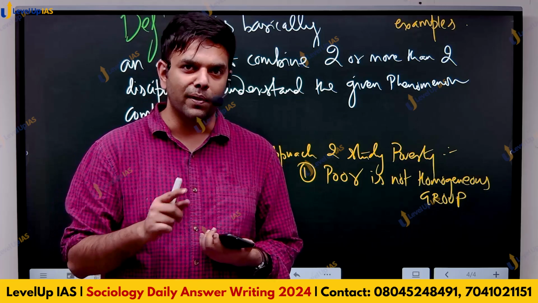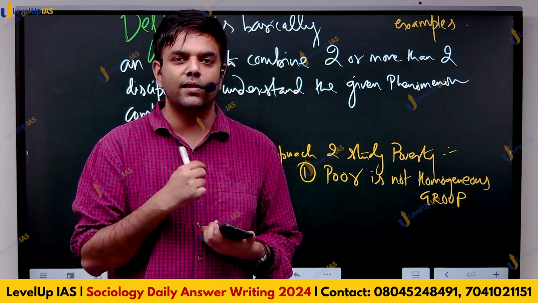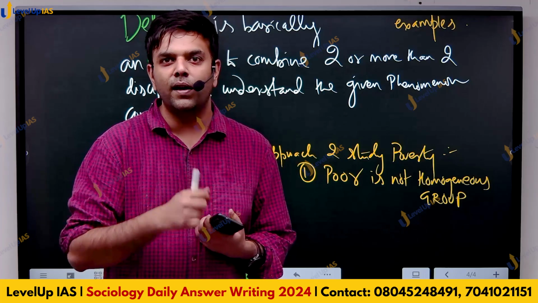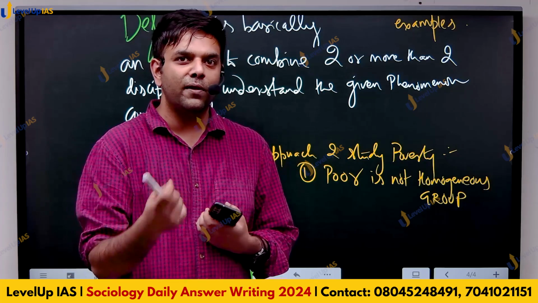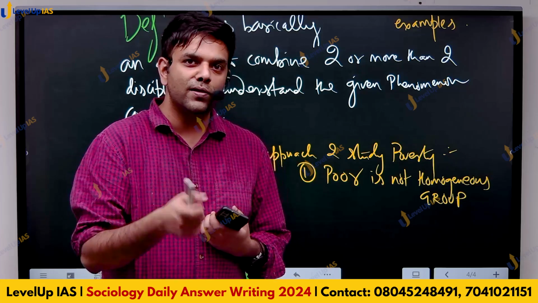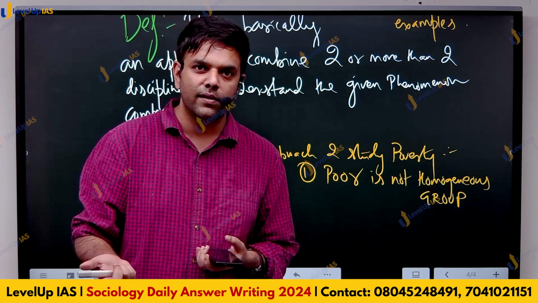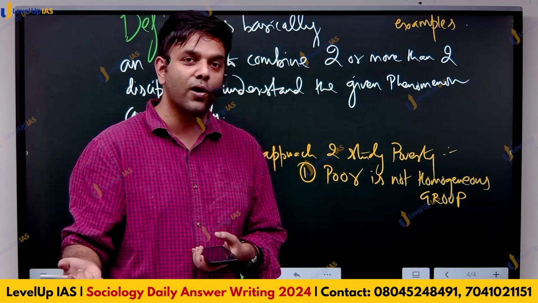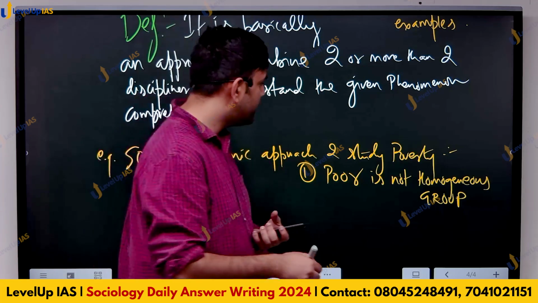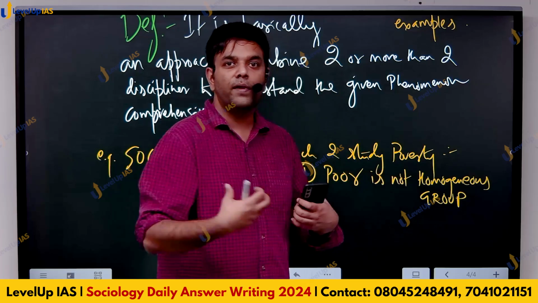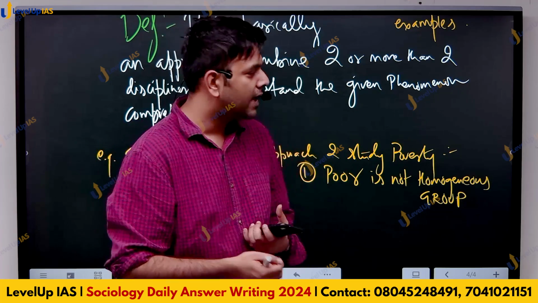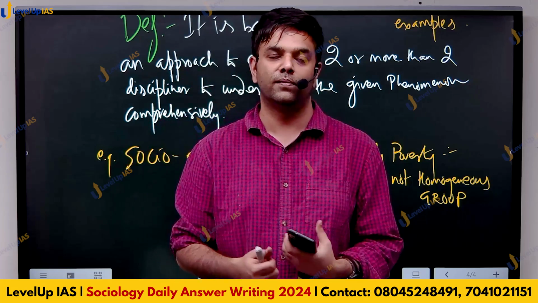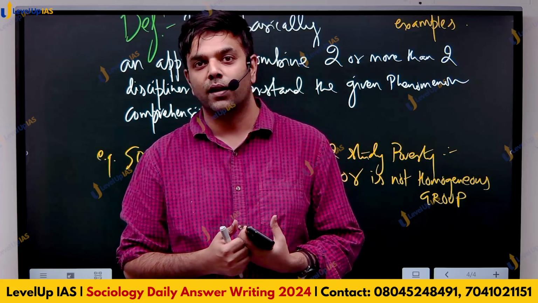It consists of women, it consists of Dalit, it consists of tribals, it consists of disabled, it consists of economically weaker upper caste, it also consists of OBCs who are economically backward, OBCs specifically, okay, non-creamy. So that means poor could be a very huge term. It is not a homogeneous group. It consists of multiple sections.